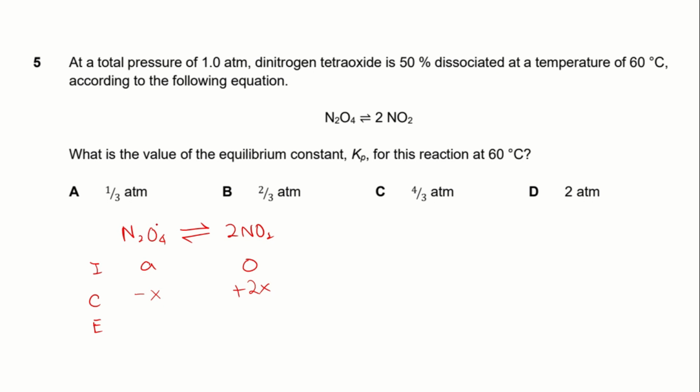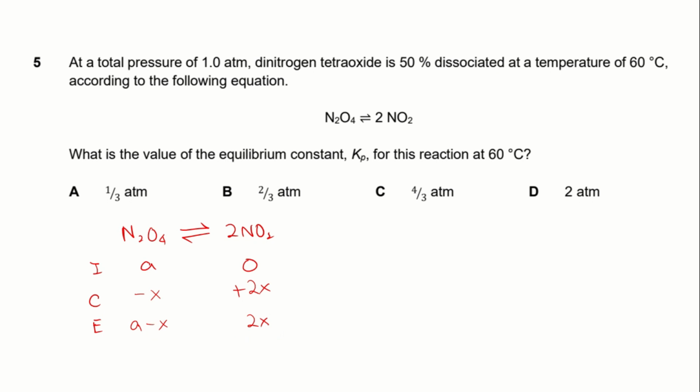Reactants are being used, so their number of moles will decrease. NO2 is a product, so its number of moles will increase. So at equilibrium, I have A minus X moles of N2O4, and 2X moles of NO2.